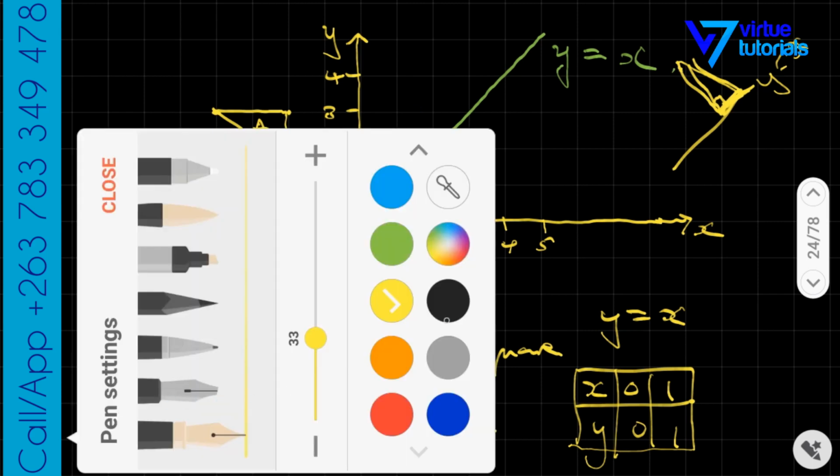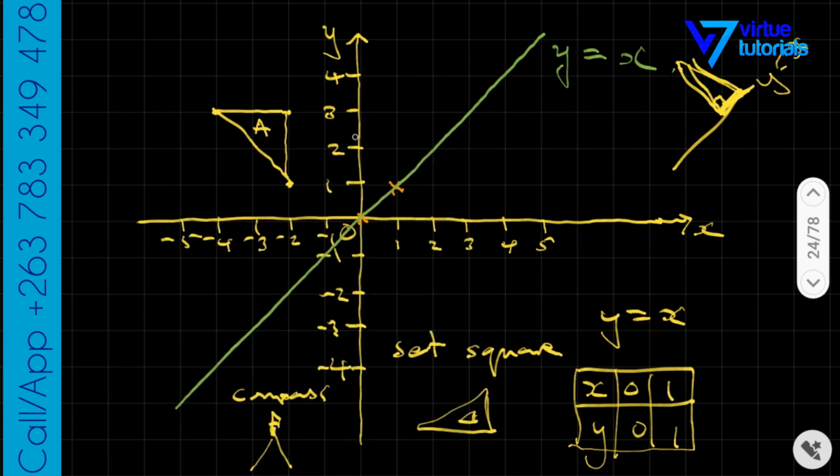I'm going to draw the lines in red. What's actually happening here is that every line that you're drawing is going to form 90 degrees with this mirror line. The line from there to there must form 90 degrees there, and the line from there to there must also form 90 degrees. So let me make space.